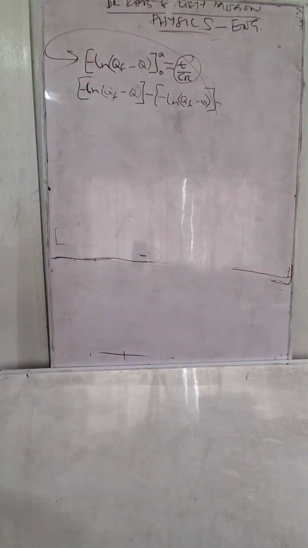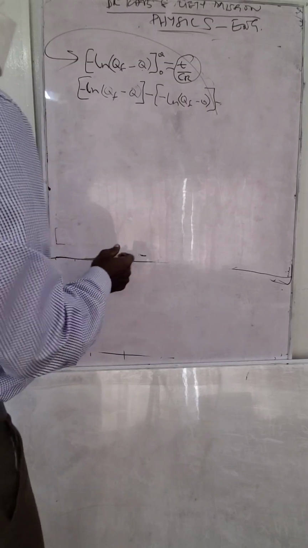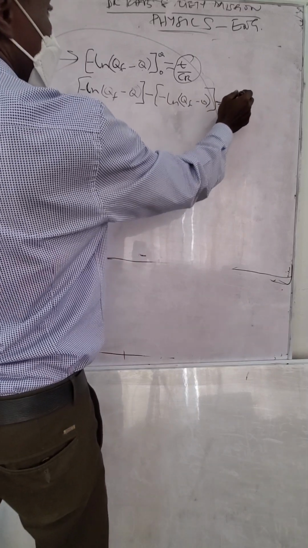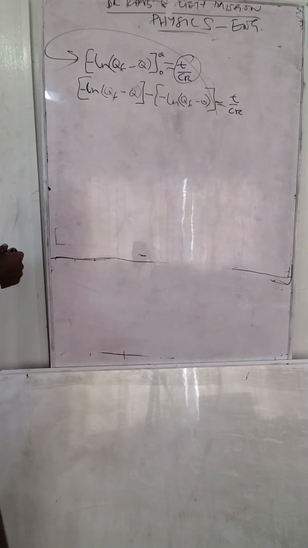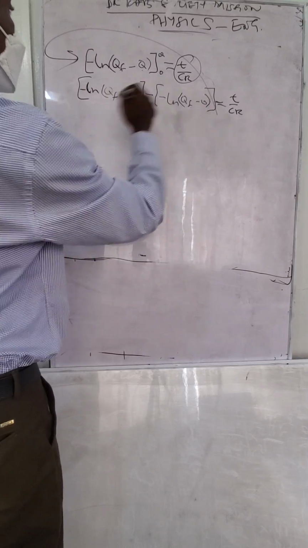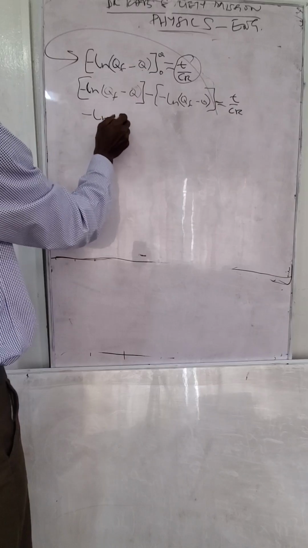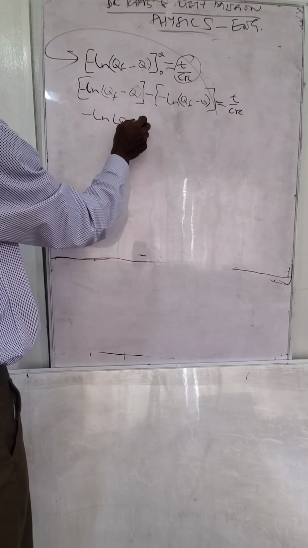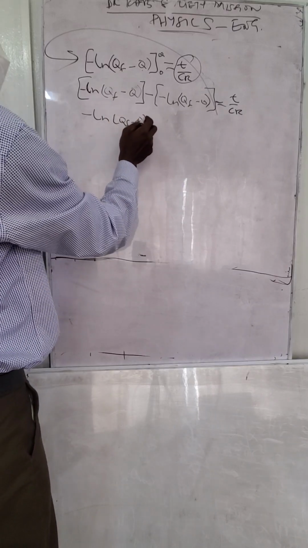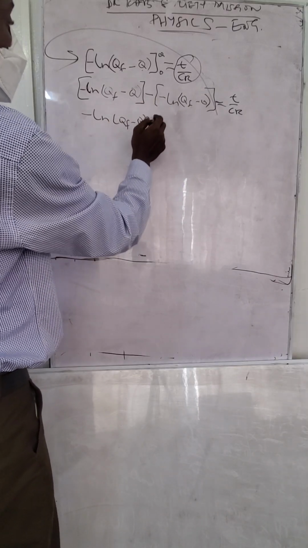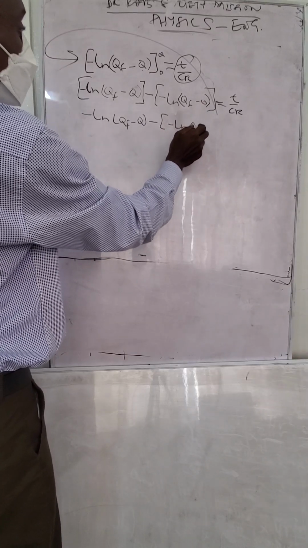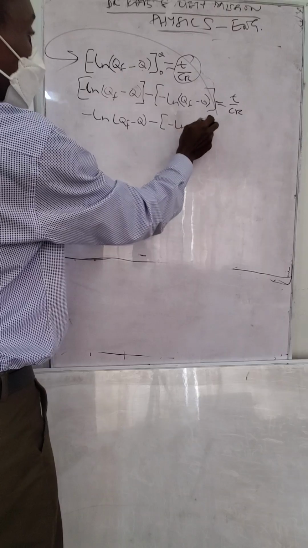So when it comes to integration, refer to our mathematics integration. All this is discussed there. So T over CR. Now let's go. We have to watch the sign very well so that we don't mess up. So we're going to have natural log Q final minus Q here, the constant. Now this is going to be minus bracket natural log Q final, right?